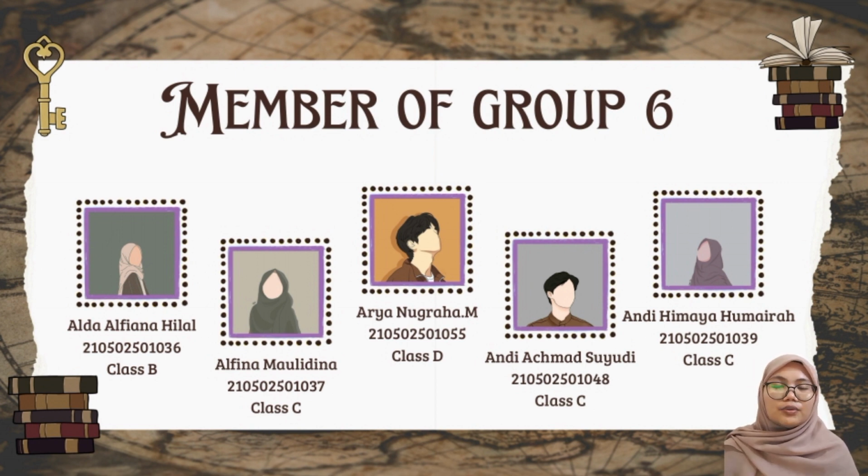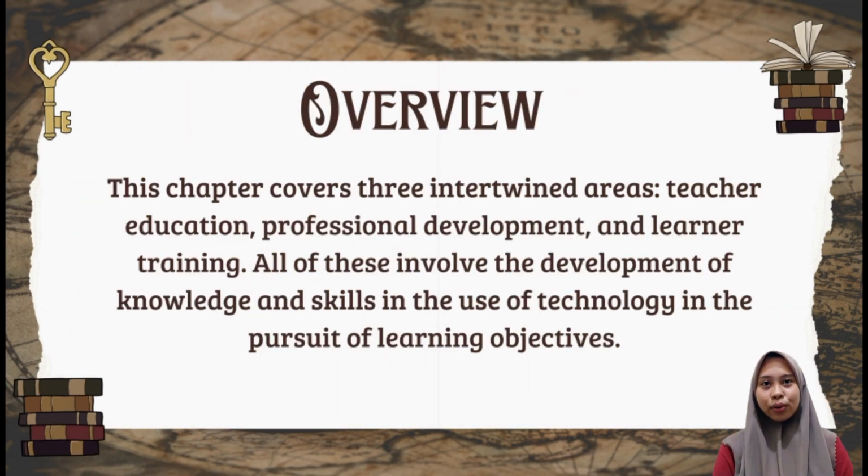Okay, so let's talk about our materials. Overview. This chapter covers three interest areas: teacher education, professional development, and learner training. All of these involve the development of knowledge and skill, and the use of technology in the pursuit of learning objectives.